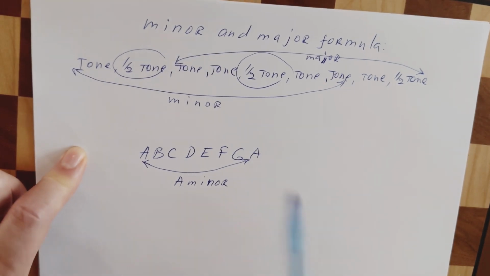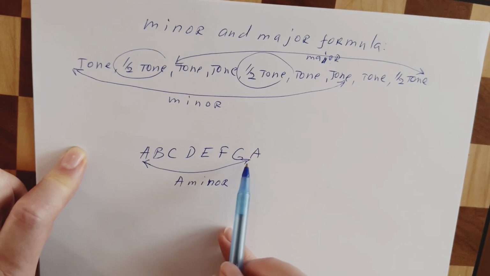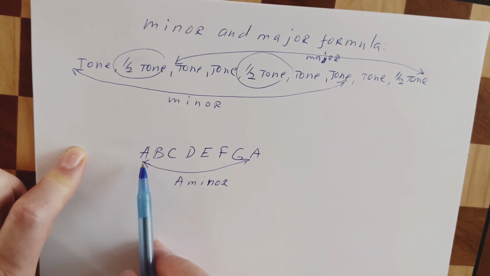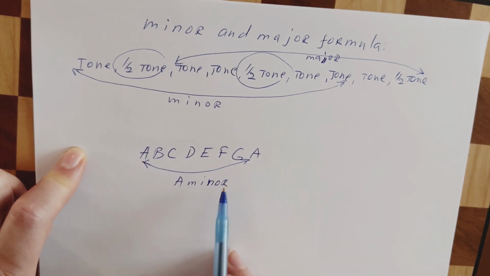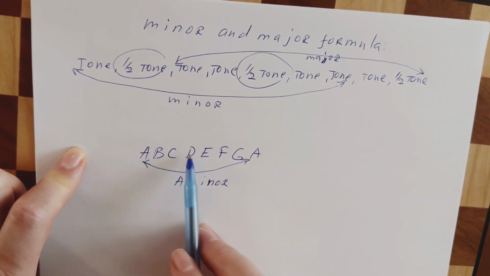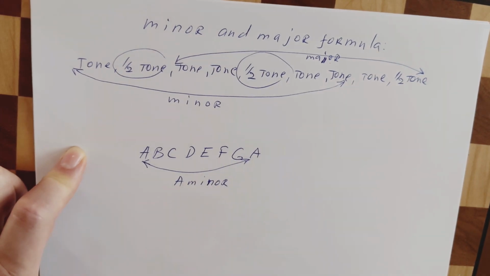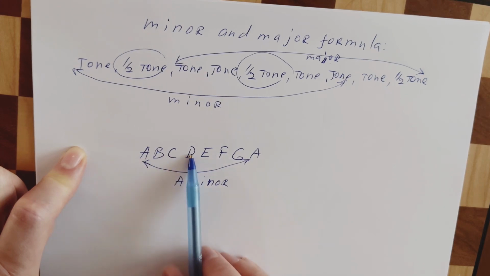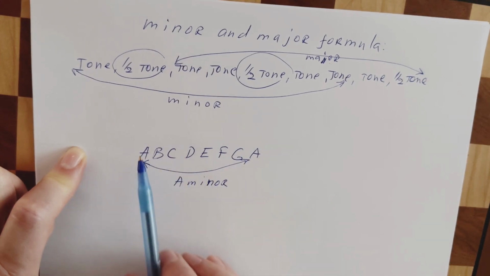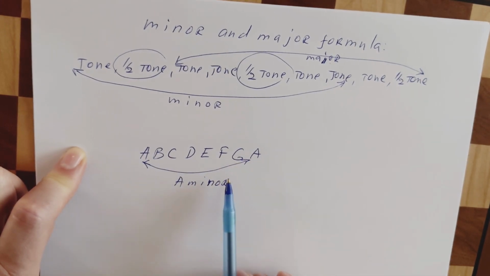Another illustration of how it works can be put in white keys of the piano, starting with A, right? It will be the A minor natural scale, A, B, C, D, E, F, G, A. In the A minor natural scale, if you apply the formula correctly, you will not see any sharps or flats. So these are white keys on the piano, all white keys in a row. From A to A, 1 octave of A minor.